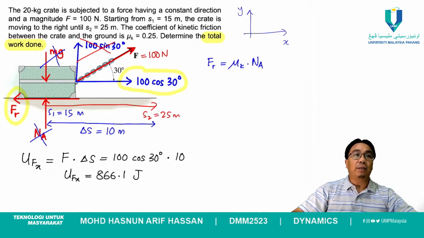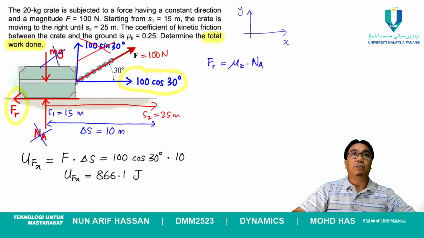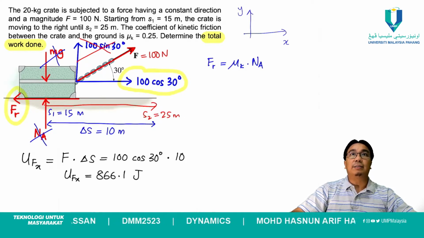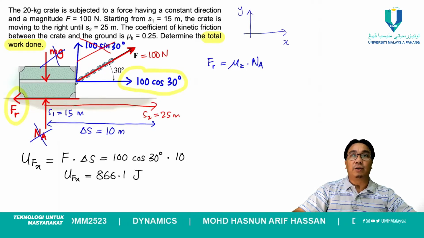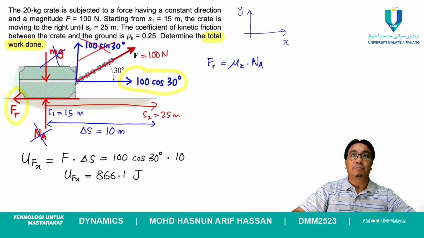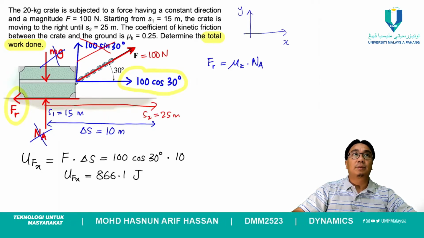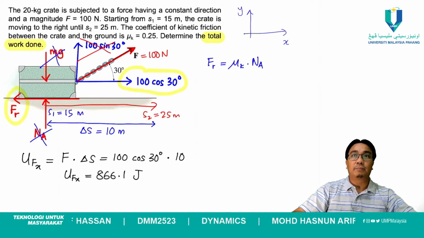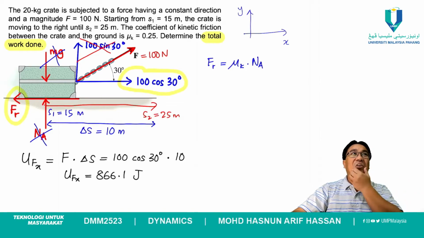Fr is mu k times N. So first we need to know what N is because mu k is given. So how do we get N? How do we get the value of N? Do you have any idea?